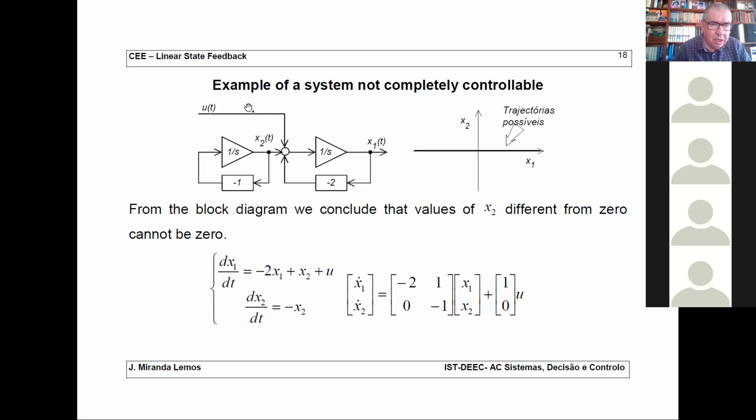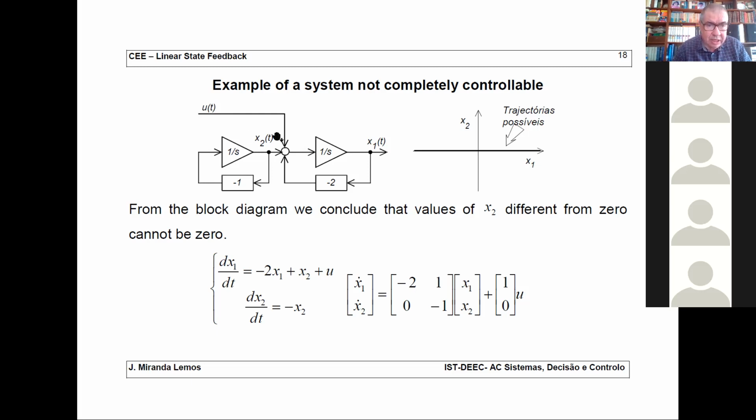So suppose that I want to go to a state which is x1 equal to 2, x2 equal to 2. Can I do it? You can control x2 with the input, right? Yes, we cannot affect x2. So x2 does not change. So this is not completely controllable.